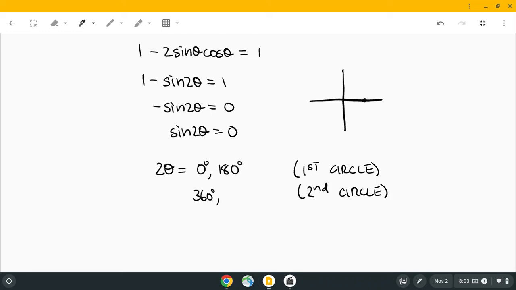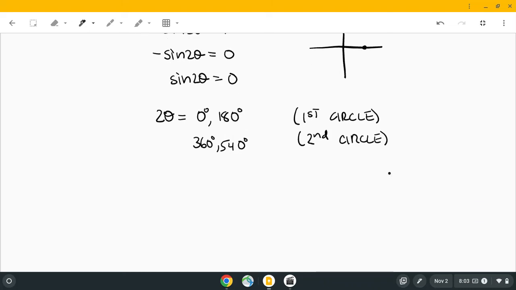And then here, if I add 360, I get 540. Okay. And now I can go ahead and divide both sides by 2 to solve for theta. Divide these 4 by 2, and we get 0 degrees, 90 degrees, 180 degrees, and what is this, 270 degrees.